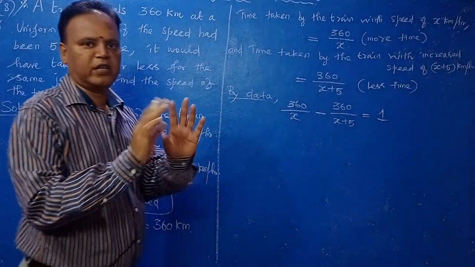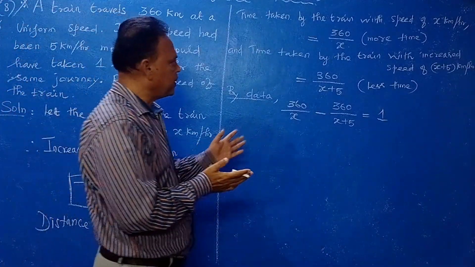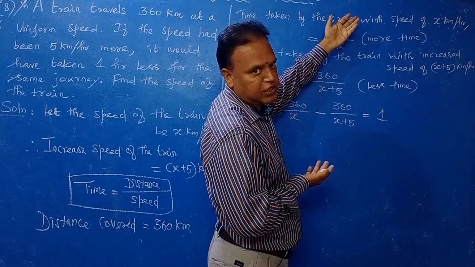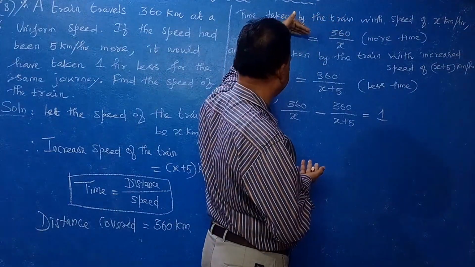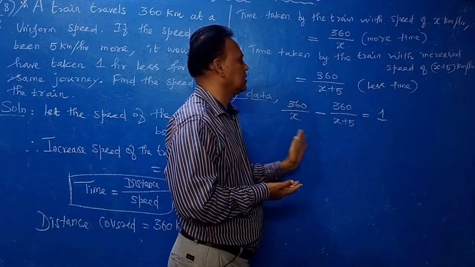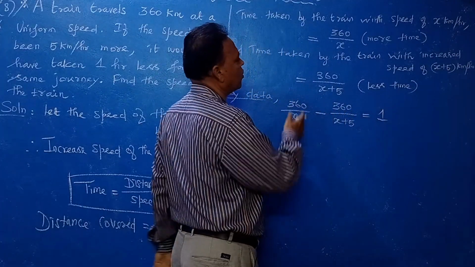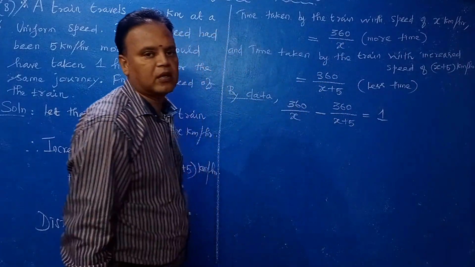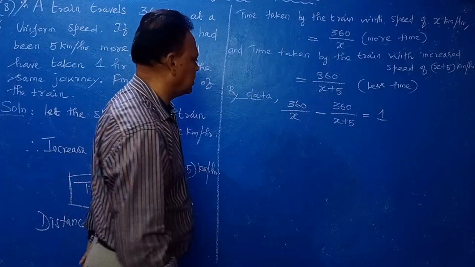Different speed, same distance, so you can find the two different times. The difference is 1 hour, so from the more time you subtract the less time. So this is the easy method.